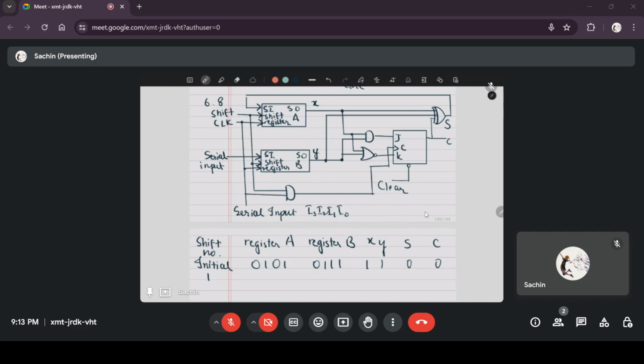So what's happening here is the clock pulse is the same for both the shift register and the JK flip-flop. Suppose I am shifting, the shift is on. Initially carry has been set to 0, and the serial output of the register will be 1 1, so the sum will be 0.